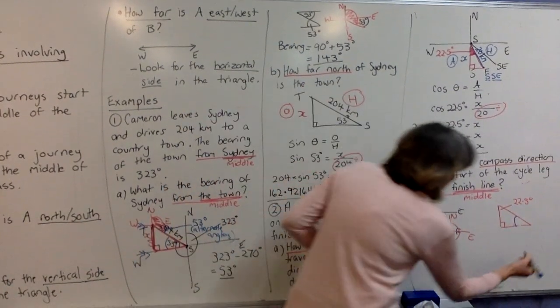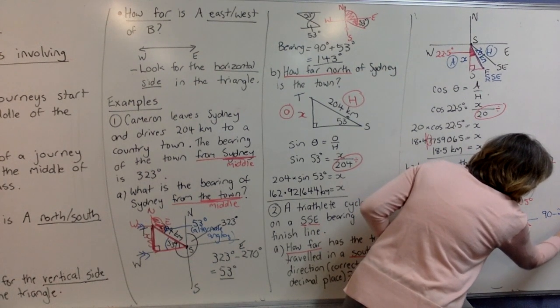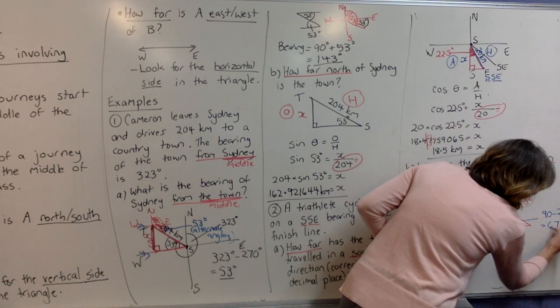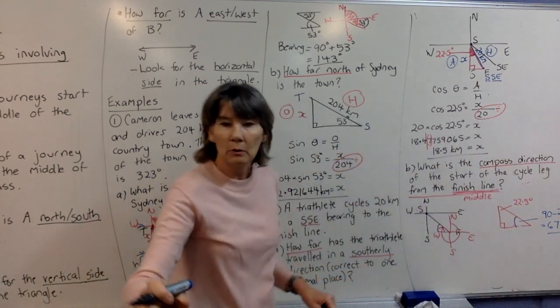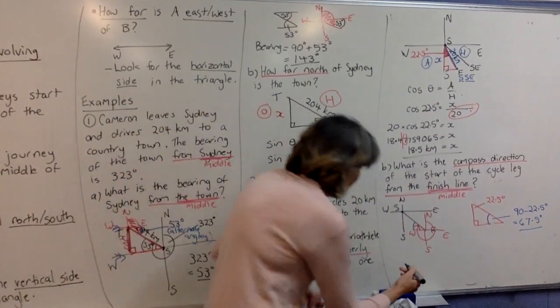So I'm going to do 90, take away 22.5, and what's that give me? 67.5 for that angle.